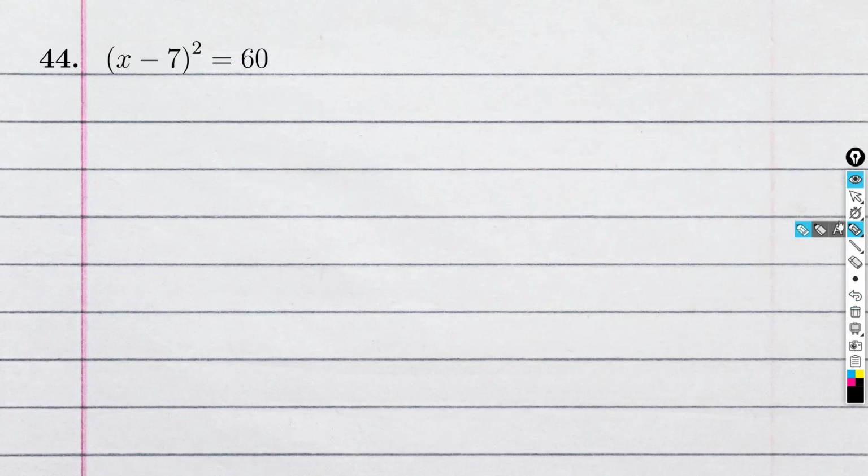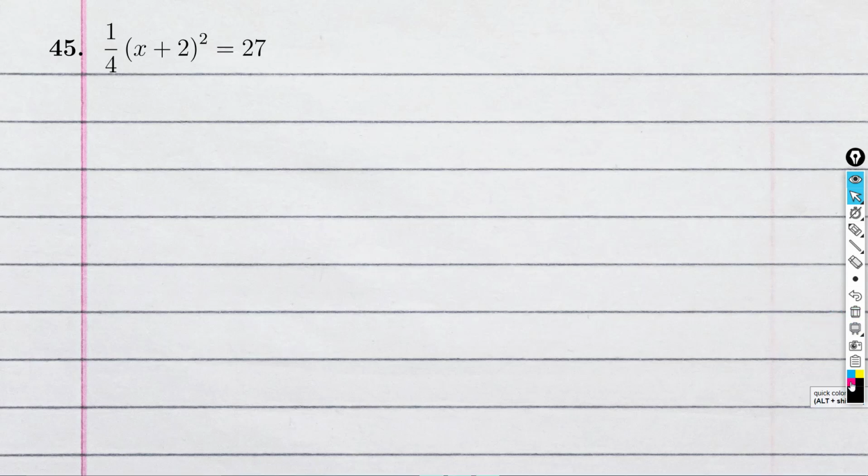And the last one of these is a little bit more complicated just because a lot of us don't like to work with fractions, but it works the same as what we've been doing. So we've got to get this 1/4 moved over here with the 27. So to do that, we're going to multiply by 4 over 1.